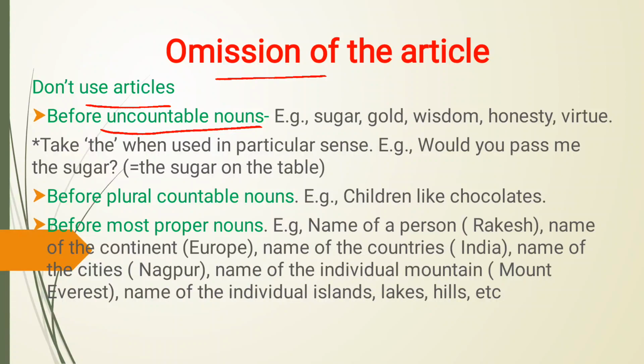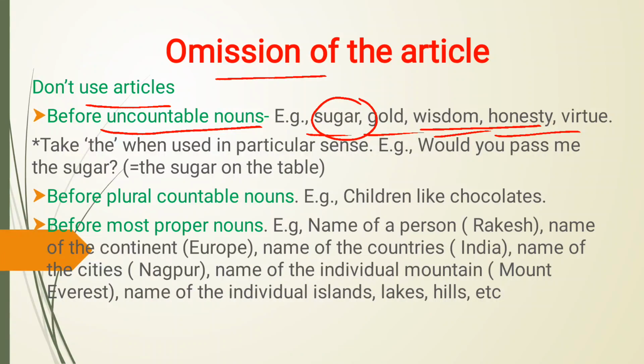As you can see here in the examples, sugar, gold, wisdom, honesty, virtue, these are all examples of uncountable nouns. We cannot count the crystals of sugar, and that is why it is considered an uncountable noun. Then wisdom, honesty, these are abstract nouns. We cannot count them, and that is why we are not going to use any article with them.